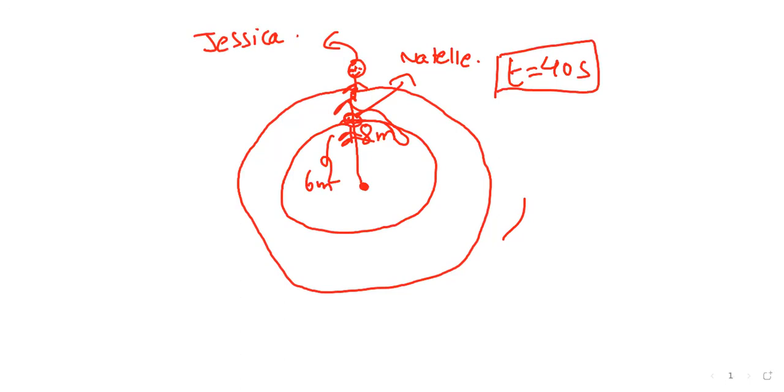And then, what is Jessica's linear or tangential speed? So it's just asking us for the speed. They're asking about tangential speed.